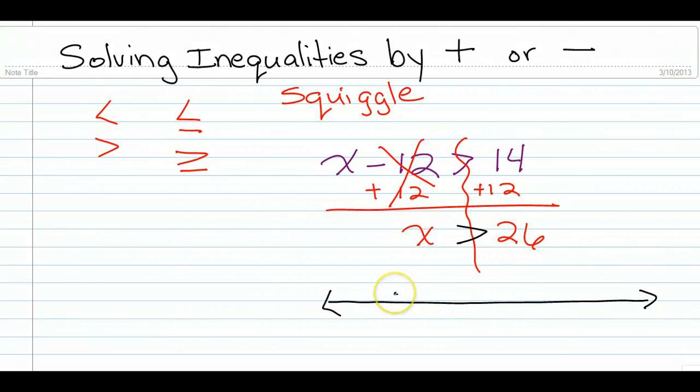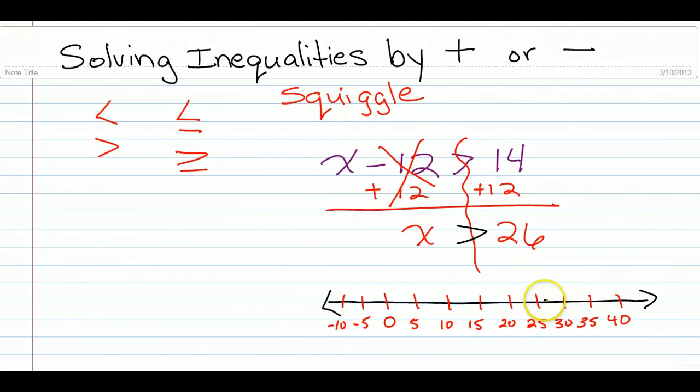So let's make a number line, and we can go up by 5s. This is 0, this is -5, that'll be -10. So we've got 5, 10, 15, 20, 25, 30, 35, 40. All right, so 26 is going to be about right here.